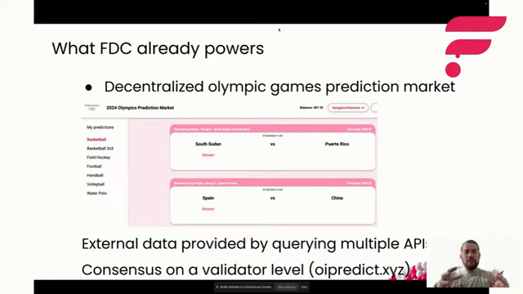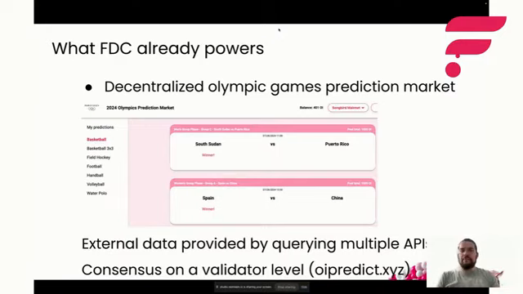But it allowed us to power a full decentralized Olympic Games prediction market where you can make a bet, and the resulting outcome of this bet would not be decided by somebody clicking a button or by somebody saying yes, this did happen, but would be settled by the whole network observing a predefined, deterministic thing. Okay, that's what we're going to consider a win, and that's what we're going to settle upon.